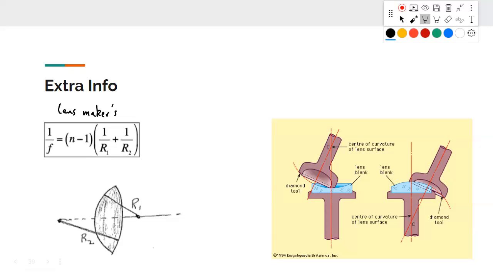The only tricky thing that I will note is that let's say that you had a lens like this, where it's curved on one side and flat on the other. So this surface is what we would call R1. And let's say that this is like a half of a circle maybe. So in that case, this distance would be R1 if this were actually a half a circle.